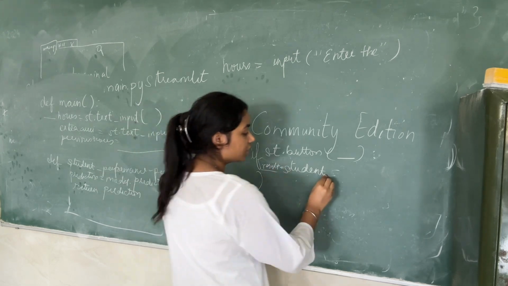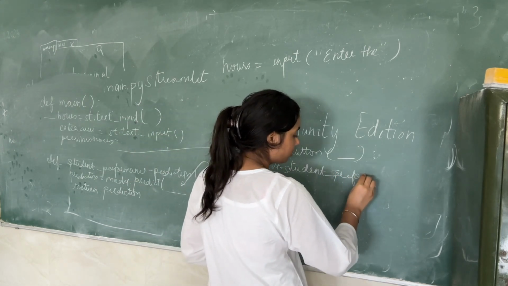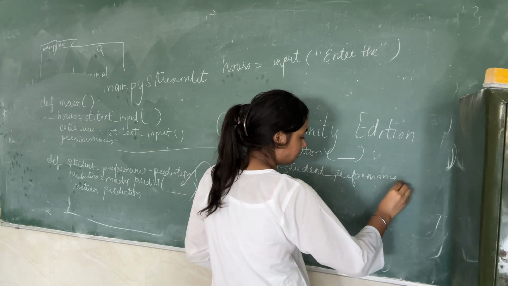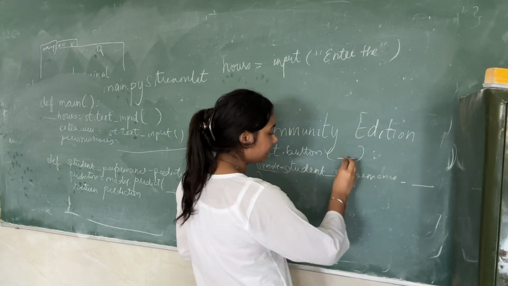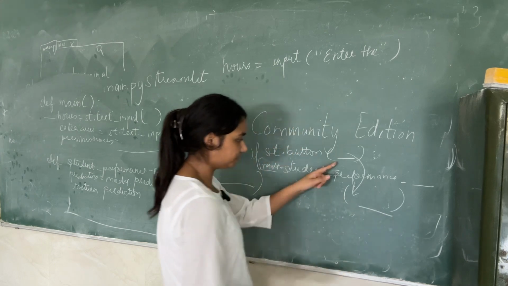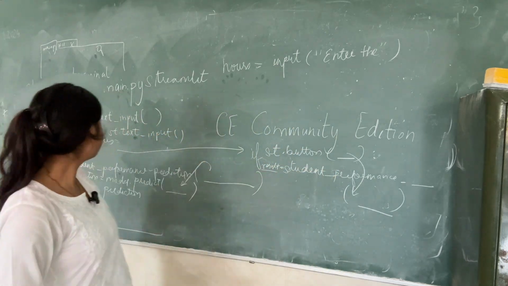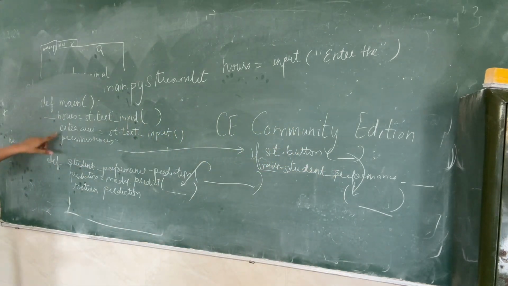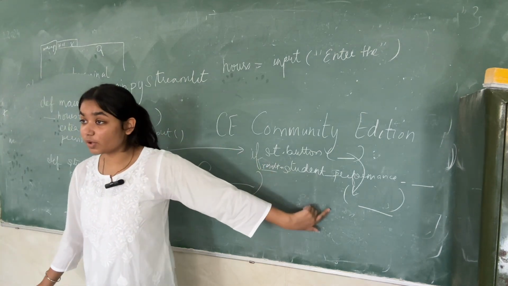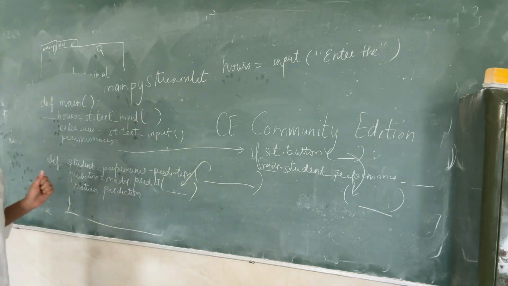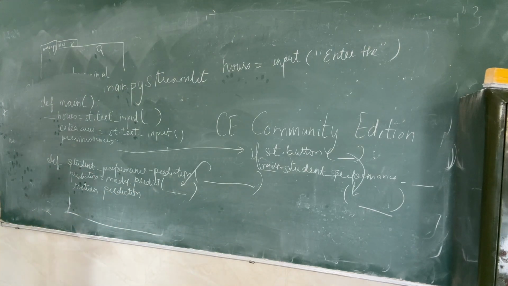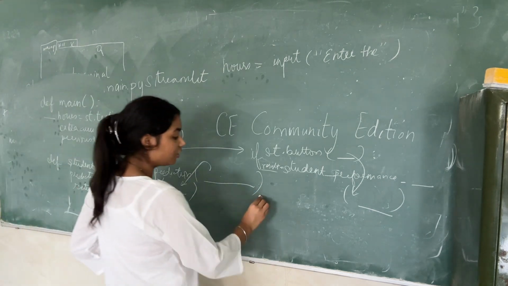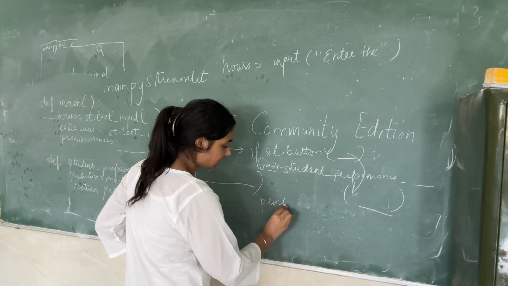Result equals student_performance_prediction, and in the brackets all the variables that you used to take in those inputs will be there when we call the function. Then after that, we will print our result.